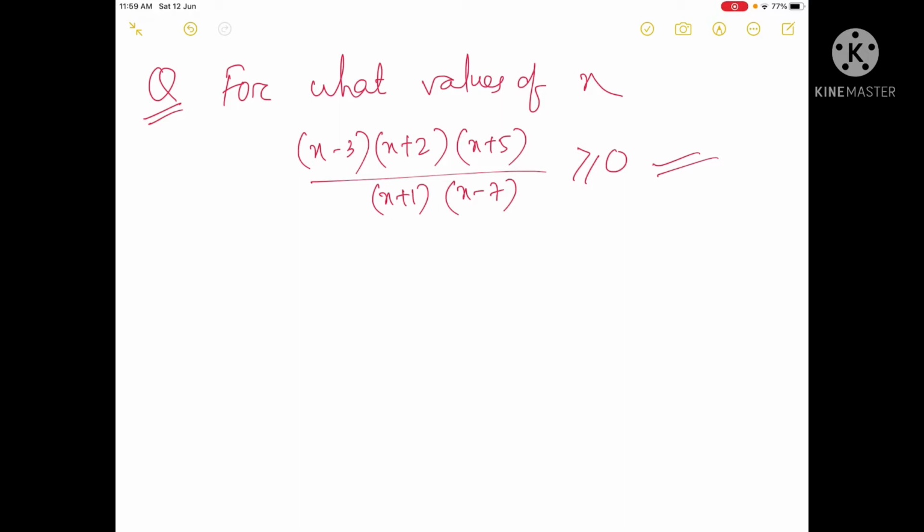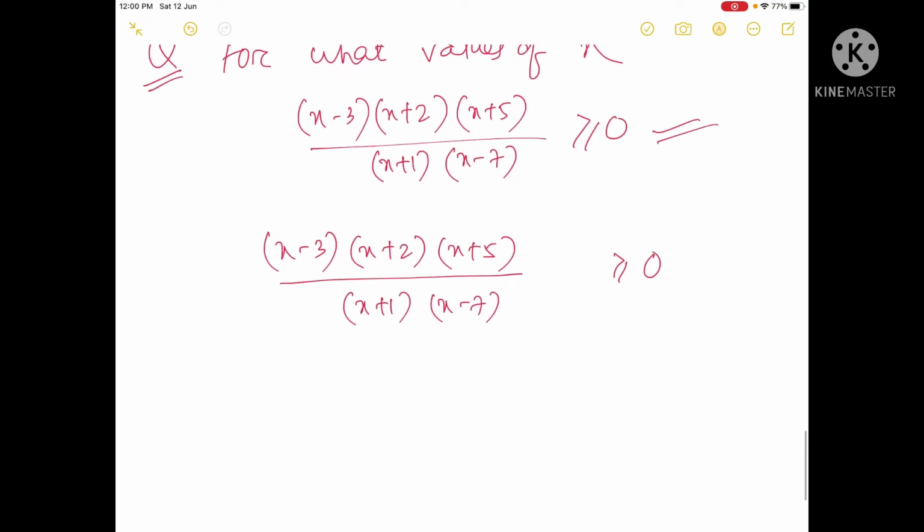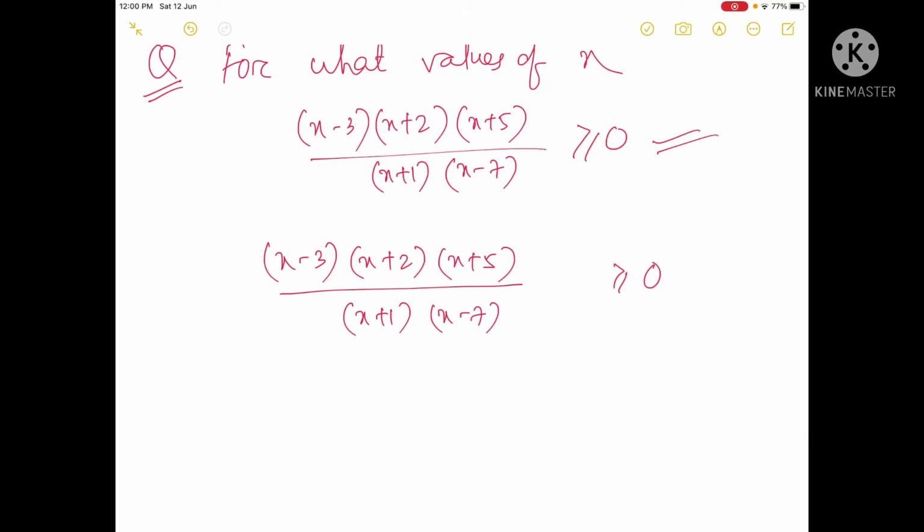What does it say? Whatever factors you have in the denominator with odd power, means here we have the numerator (x minus 3)(x plus 2)(x plus 5) divided by (x plus 1)(x minus 7), and we need to find for what values of x this is greater than or equal to 0.